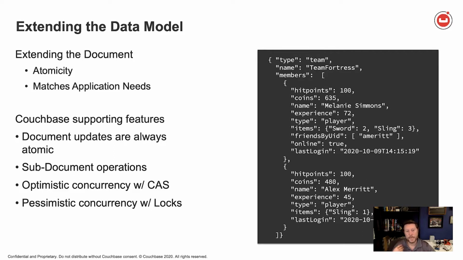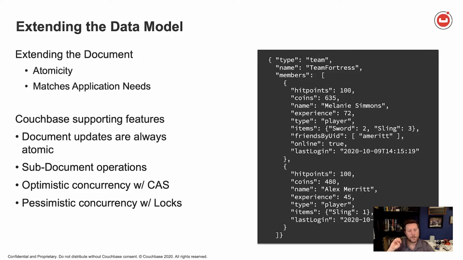And so Couchbase has a bunch of these supporting features already in document databases. As an example, document updates are always atomic. We also have some supporting features in terms of accessing data. So we have sub-document operations. Maybe you don't want to retrieve the whole document. You just want to retrieve a particular member from the team.